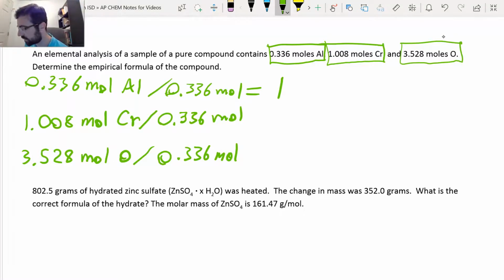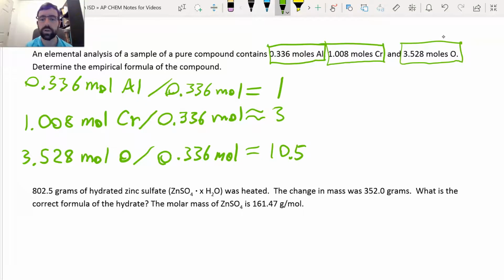You probably could guess it. That's going to come out to be 3. It's actually exactly 3. And then the other one, 3.528, that's going to be pretty close to 10. 10.5 actually. So I would have guessed that wrong. So this comes out to be 10.5.